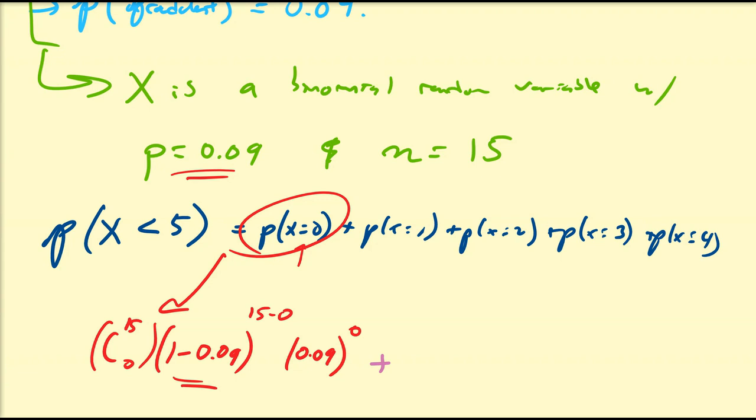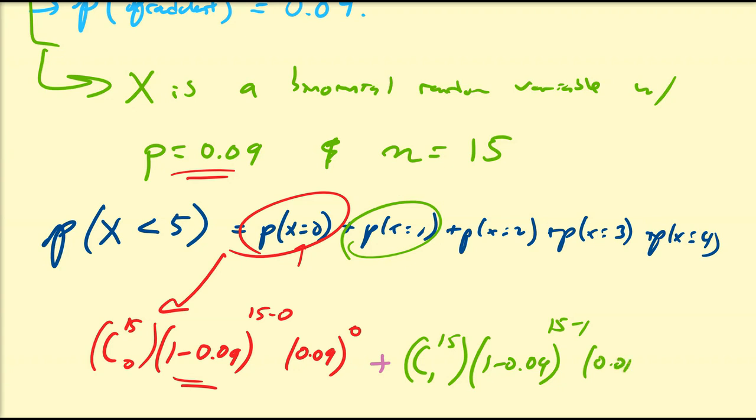And then we're going to add the probability that x equals 1, so 15 choose 1, 1 minus 0.09, now to the power 15 minus 1, so 14 good ones, and 1 fraudulent order. And we're going to continue all the way down to the last one, which is 15 choose 4 times 1 minus 0.09 to the 15 minus 4 times 0.09 raised to the power of 4.